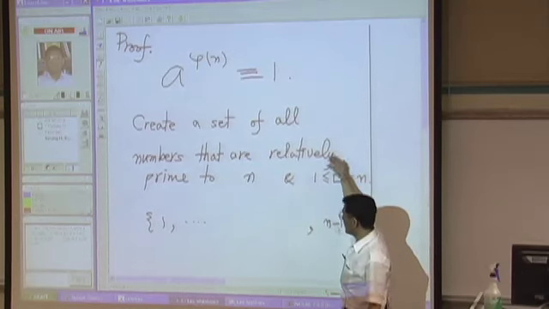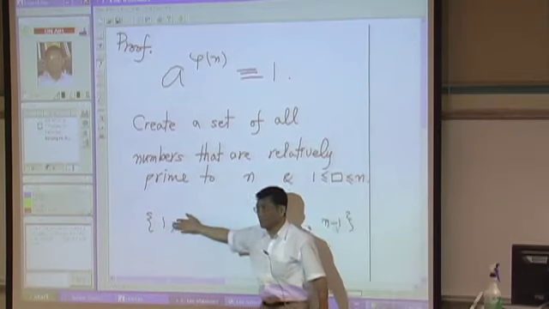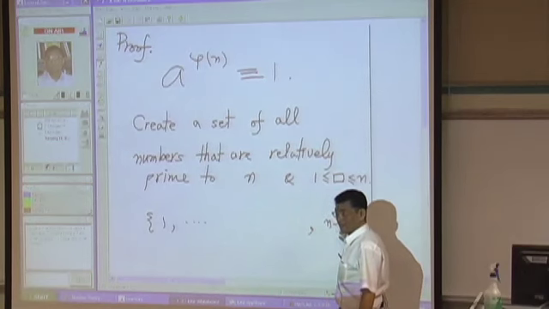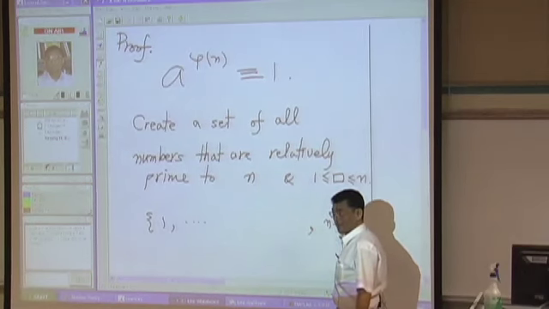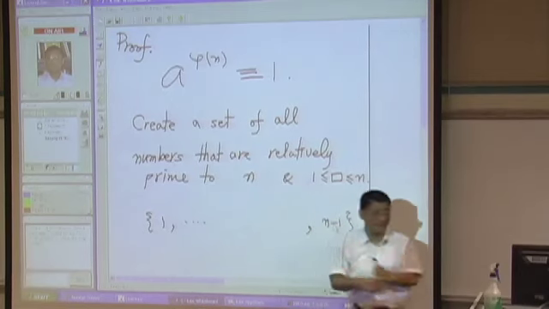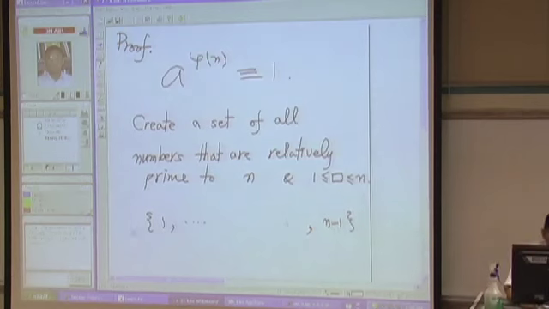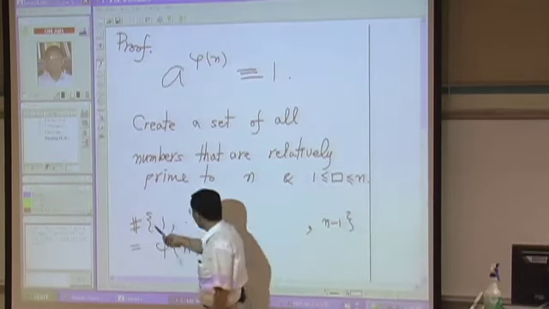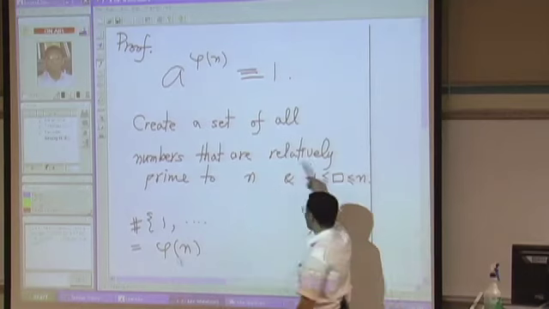Assume that we write this set in this form. Then how many numbers can you find in this set? Phi of n. Yes, phi of n. The number of integers inside the set is called phi of n, that is the definition.